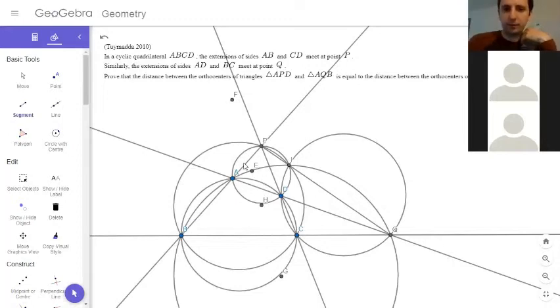But how do we know the distance EF is equal to the distance GH? Can we use Casey's theorem? But yeah, they're orthocenters, not circumcenters. So how do we get the distance between two circumcenters?